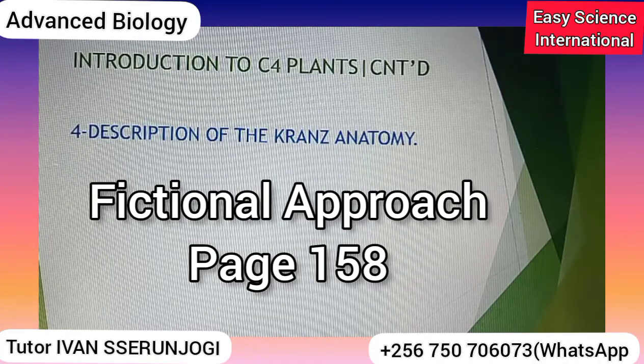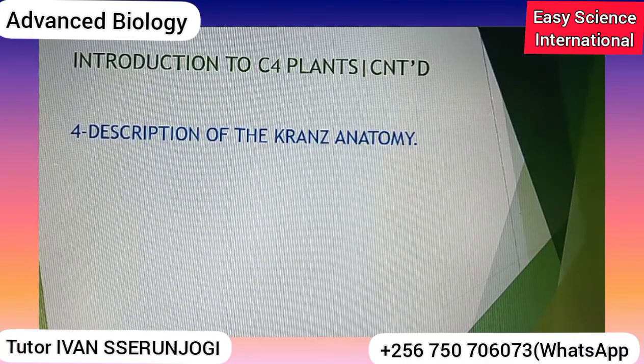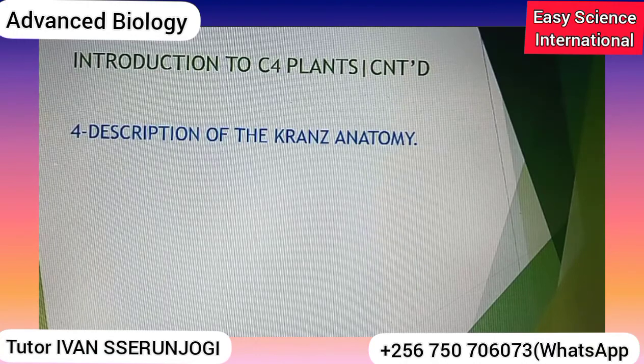You can look at it and try to draw it. You draw it, then get used to it. So in that structure, you see the xylem and the phloem. Those are the vascular bundles in the center, surrounded by the bundle sheath cells.